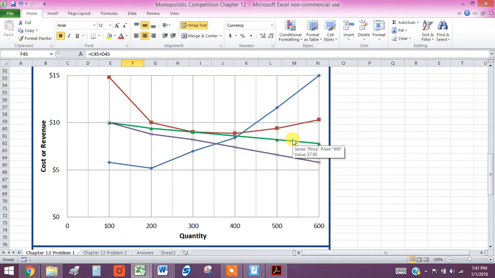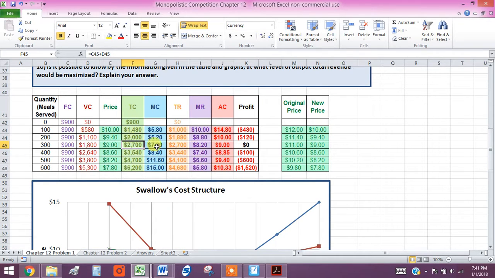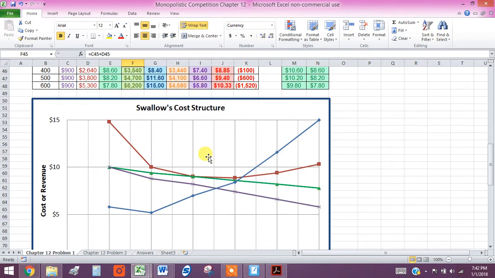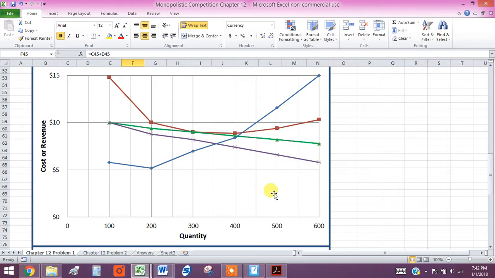Okay, and we can also see this in a table. If you look at 400, let's just look here. We look at 400. Average cost is here, marginal cost is lower, and then at 500 you can see marginal cost is higher, right? Average cost is lower. So it switches at that point, going from 400 to 500. And the minimum, it's kind of an optical illusion. It doesn't look like it's a minimum. It actually looks like it's going up here.